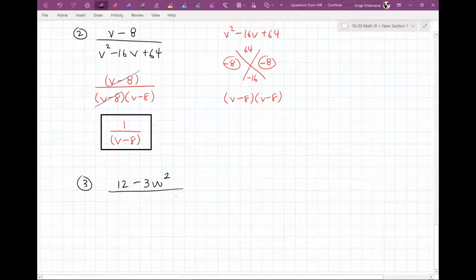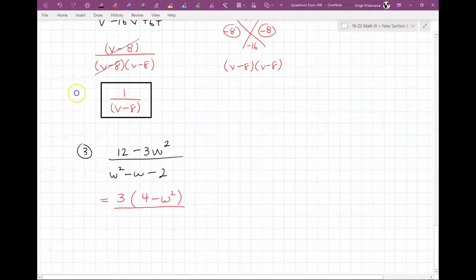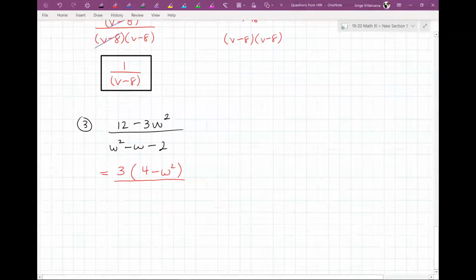So 12 minus 3w squared on top, w squared minus w minus 2 on the bottom. On the top, the very first thing I'm going to do is factor out a 3. That gives me 4 minus w squared, and I know I can factor that.